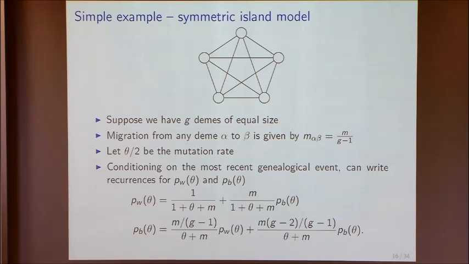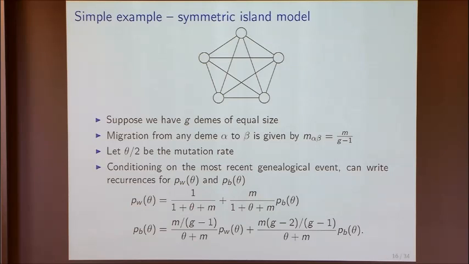So if you let this migration rate be m over g minus 1, where you had g demes, and you had this mutation rate, then by conditioning on what is the most recent event for a sample of size 2, whether it happened to be a migration, or a coalescence, or a mutation, you can write out the probabilities of IBD, or the probability that two individuals have a common ancestor and there's no intervening mutation between the common ancestor and these individuals.